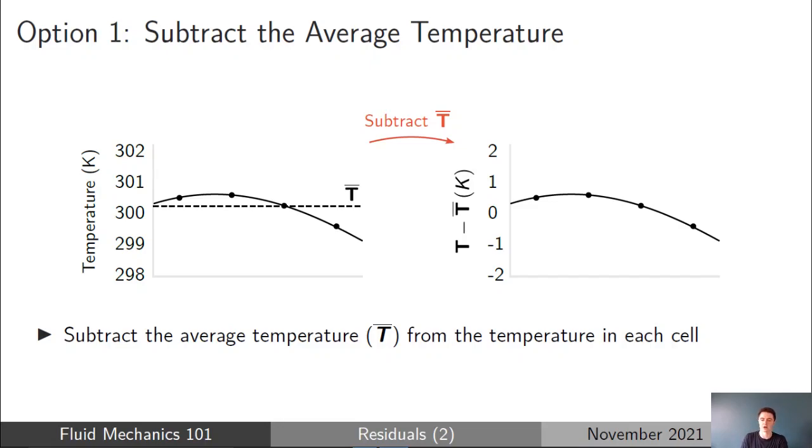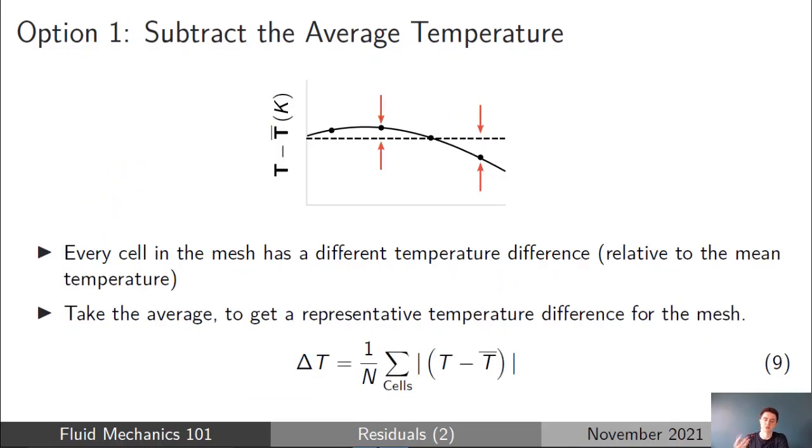You can see in the graph on the left, T minus T bar is now only 1 or 2 Kelvin, and this is the temperature difference that we're interested in for calculating a representative heat flux. Once you've subtracted that mean, you could go through the mesh, calculate the magnitude of the temperature difference, and then take the average of that.